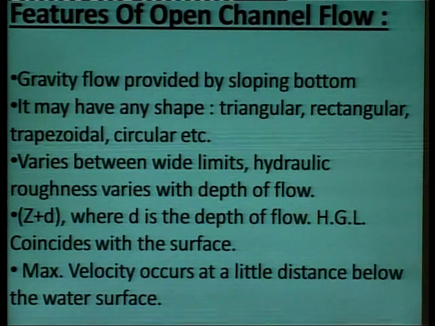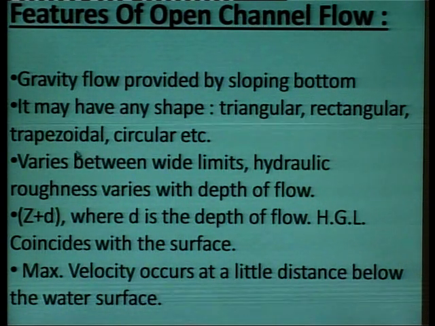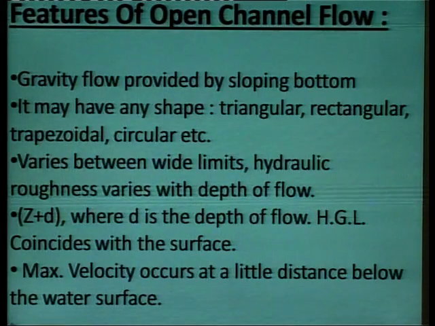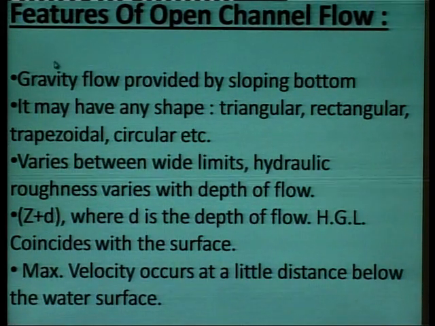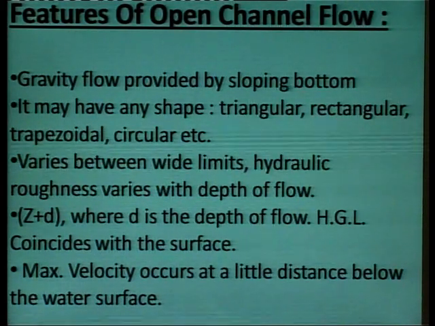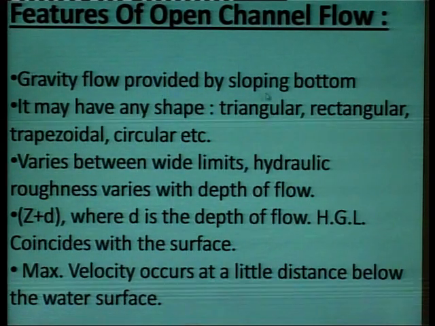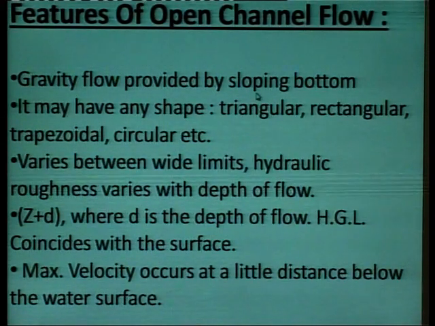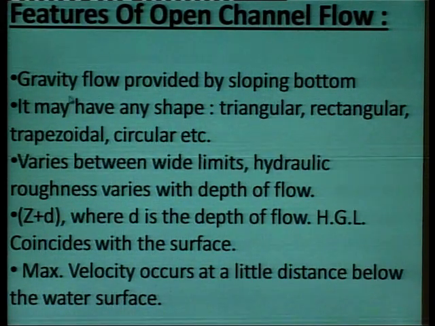Now, let us discuss certain features of flow through an open channel. The open channel means gravity flow. Gravity flow is provided by a sloping bottom, that is, the surface of the flow is made slanting towards the downstream side, which is known as the gradient.